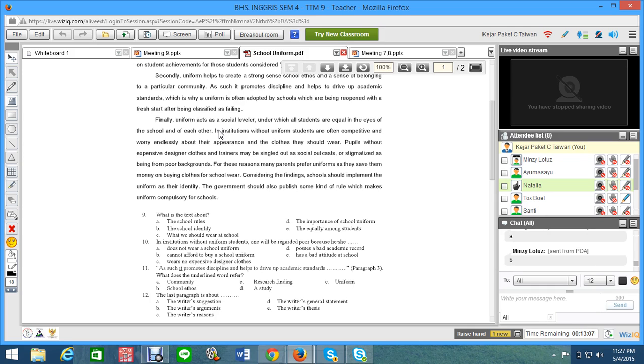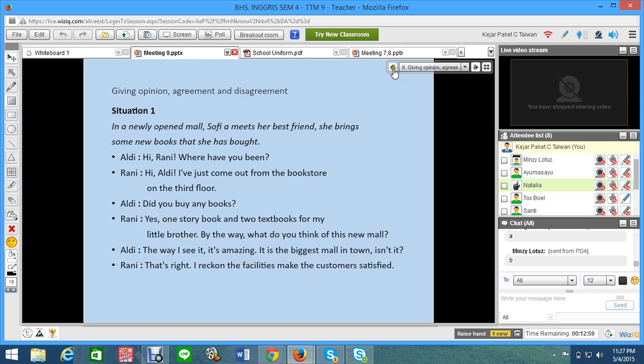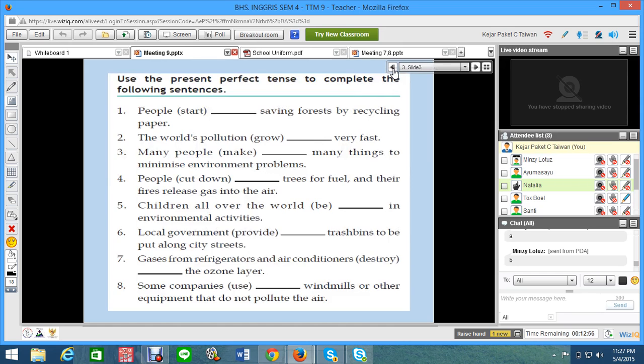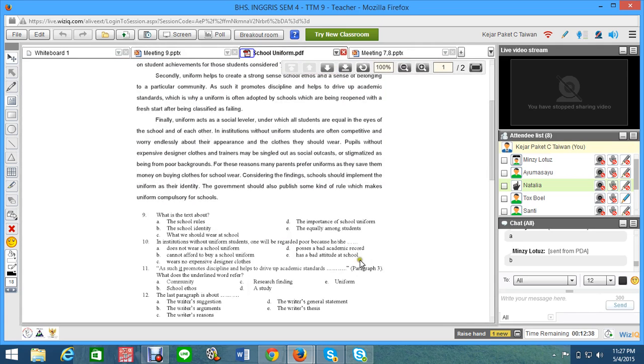Coba diperhatikan ini ya. Coba, I will show you. Katanya conclusion itu atau reiteration itu. Okay, no B, no A. Okay, restate the writer's position. Coba, di mana di sini ada kata-kata state?